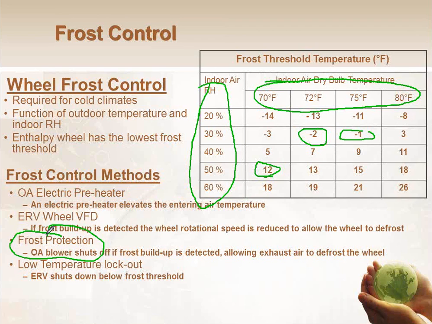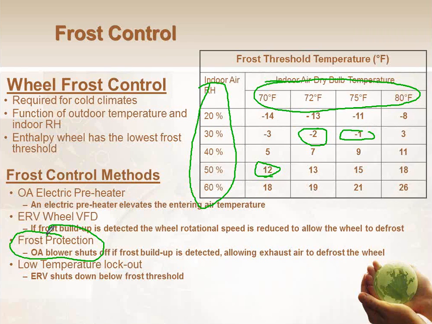So in those cases, instead of putting in electric heaters and having to power them and all that, I'm going to put in a pressure sensor over the wheel. If the pressure builds up across the wheel because I have frost, what I'm going to do is temporarily shut the outside air intake path, turn off the fan and close the damper, but I'm going to continue to spin the wheel, and I'm going to continue to run the exhaust air.